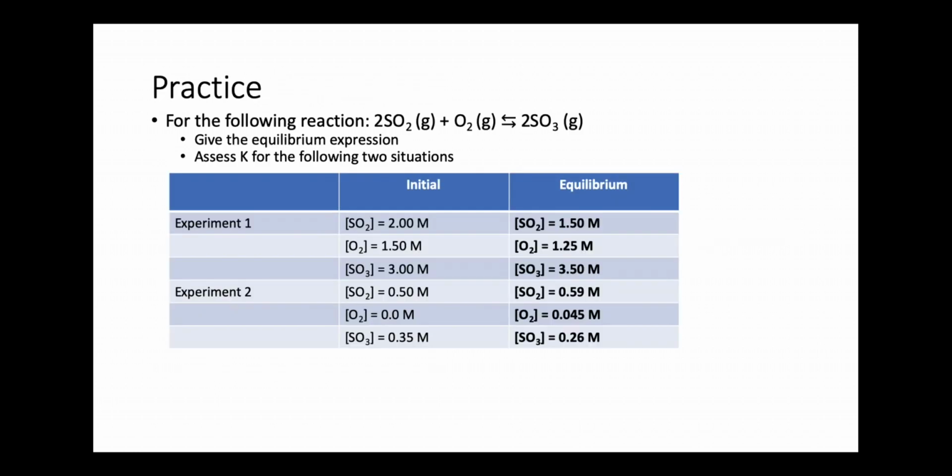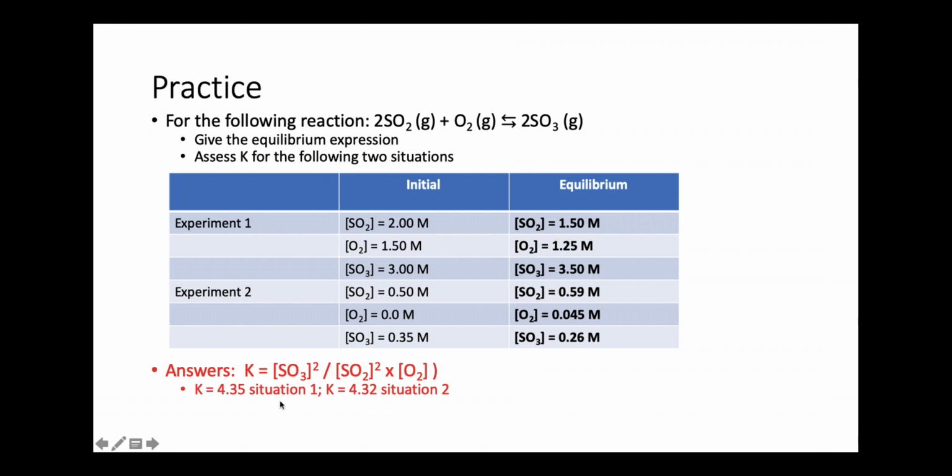So, I have an experiment. I think this is also in the book on page 641. I have an initial concentration for experiment 1 and an equilibrium. I see the concentrations here. And for experiment 2, I have my initial concentration. And after a couple of minutes, I have an equilibrium, and then the concentrations are as follows. So we can calculate the value for K. So first, we give the equilibrium expression, SO3 to the power of 2 divided by the concentration of SO2 to the power of 2 times the concentration of O2 to the power of 1, because products over reactants, and coefficients become powers.